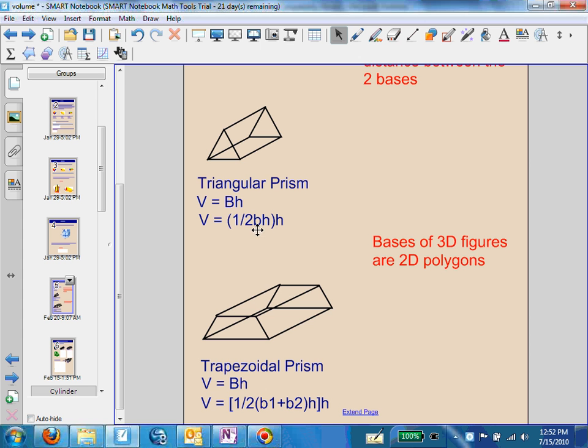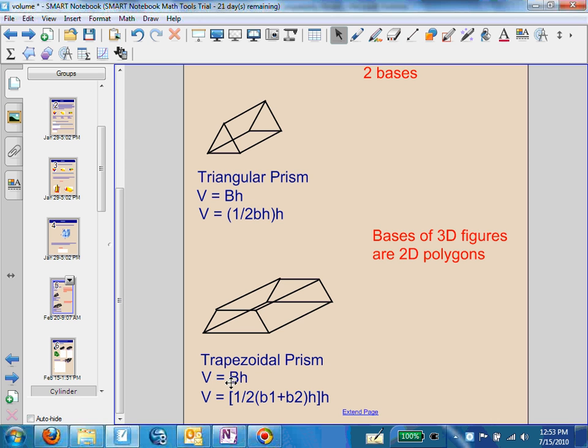So we're going to find the area of the triangle using the formula 1/2 base times height, and then multiply that times the height of the entire prism. For a trapezoidal prism, we would find the area of the base, which is a trapezoid, times the height of the entire figure. We know that the area of a trapezoid's formula is 1/2 times the sum of the bases times height. And we multiply that times the height of the whole thing.